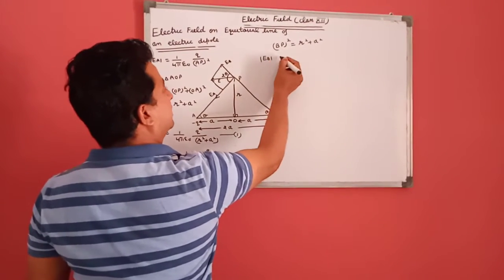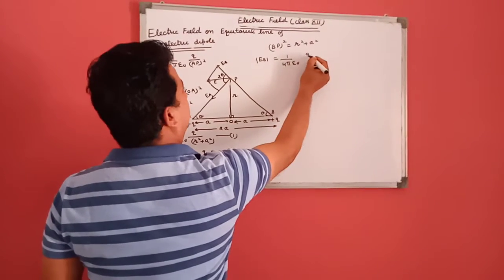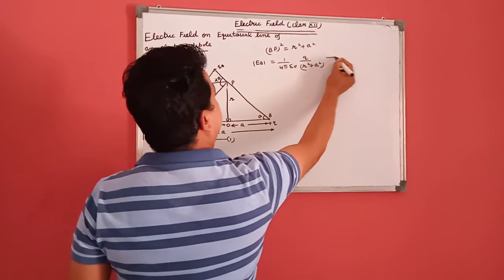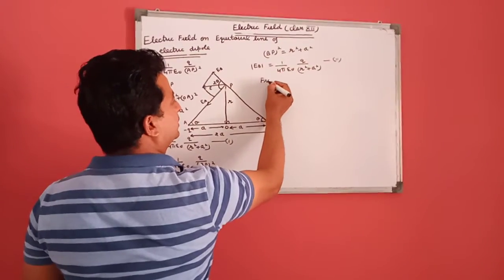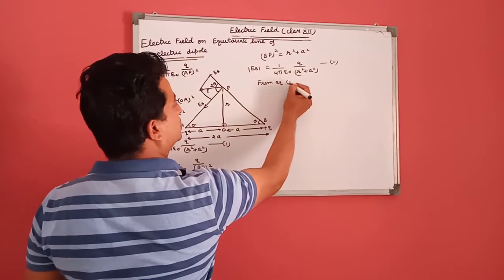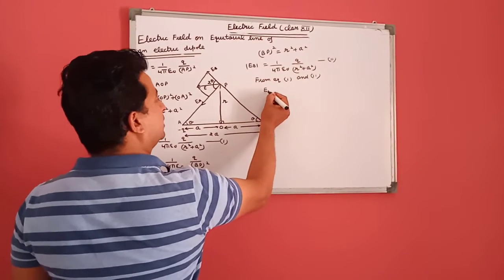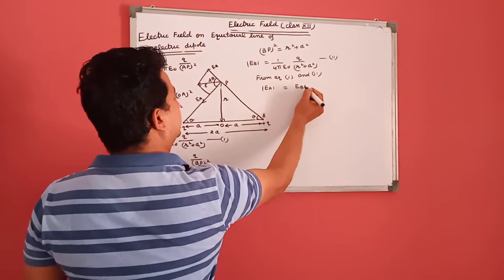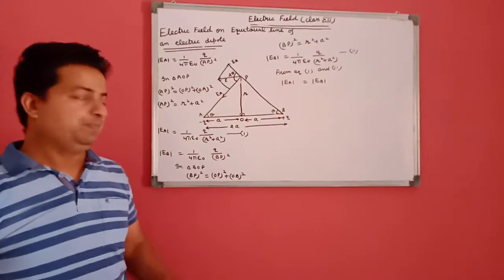And the electric field at point B is 1 by 4 pi epsilon naught q upon r square plus a square. When we compare these two equations, that is equation 1 and 2, we find that the magnitude of electric field at point A equals the magnitude of electric field at point B.